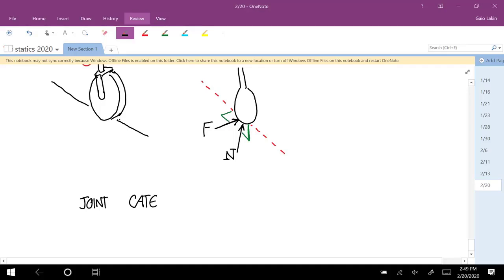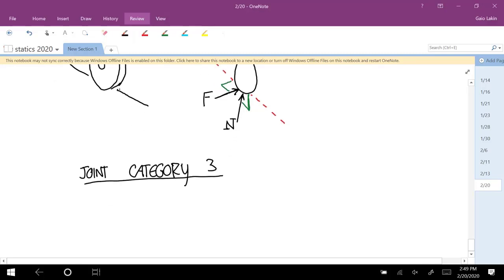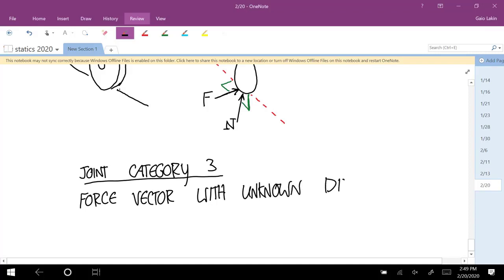Joint category 3. Applies a force vector with a totally unknown direction. And so if you have a force vector with unknown direction, that means that it prevents translation anywhere, okay?